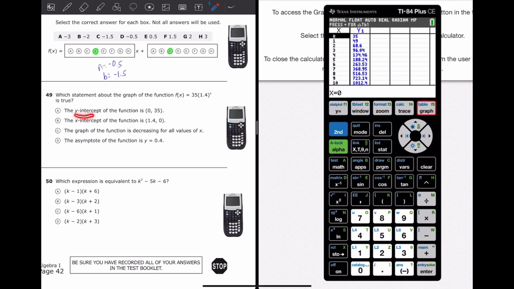And you're going to be looking for each one of the answer choices. So the first one, y-intercept, where x equals 0. And you have 0 and 35.